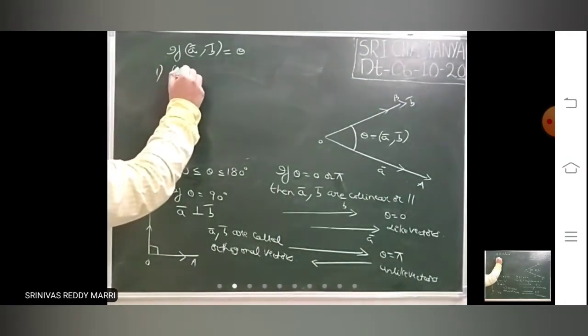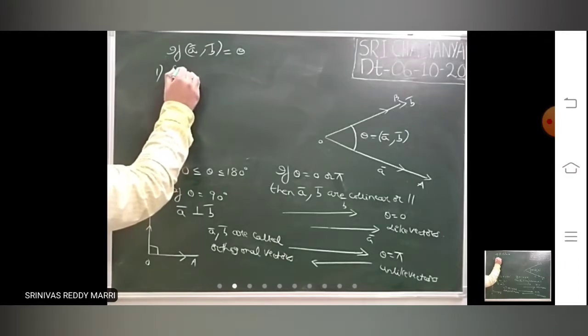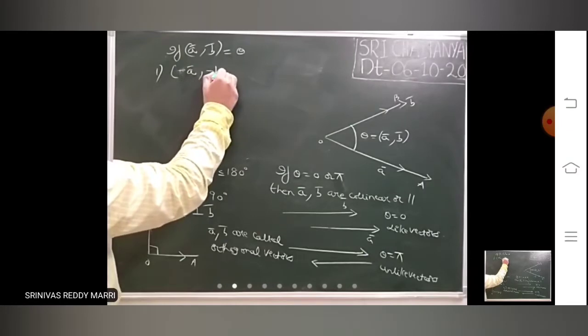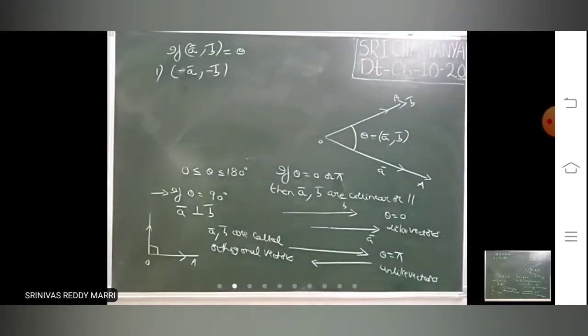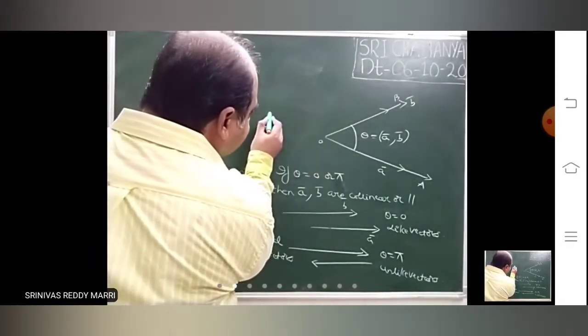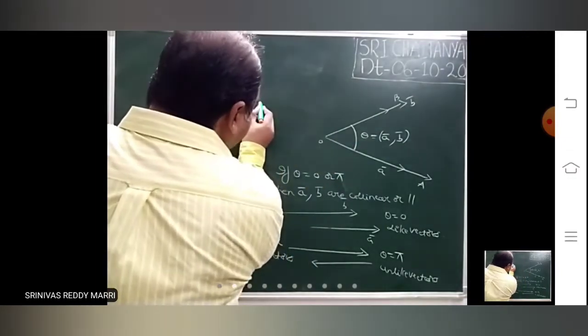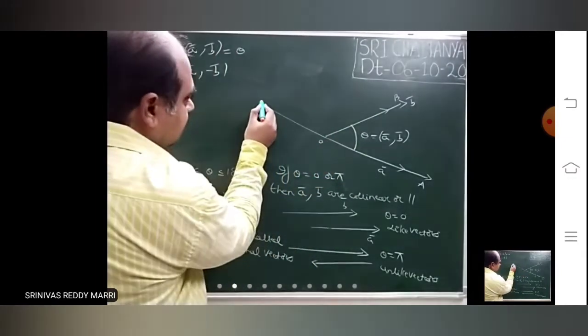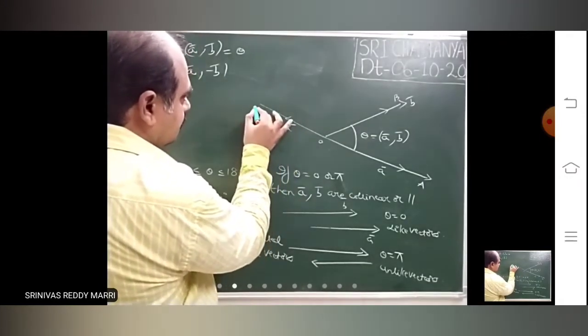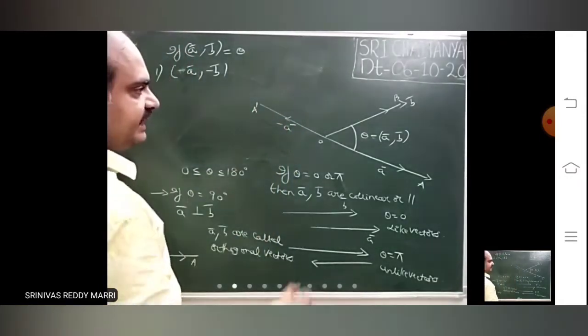Suppose you want to calculate the angle between minus a bar comma minus b bar. That means the angle with these directions, where if a bar is this, minus a bar is this. This is minus a bar.